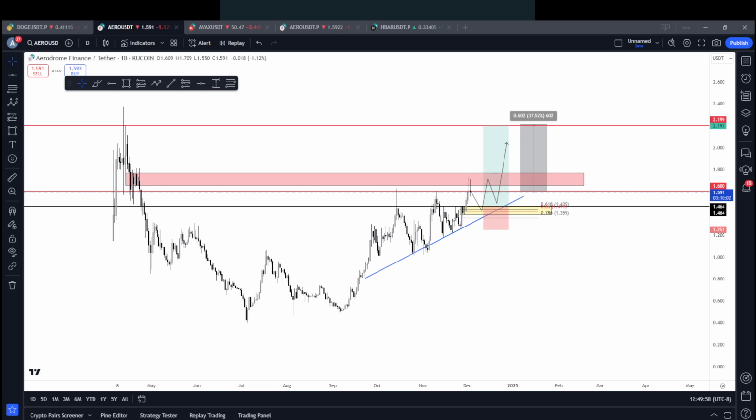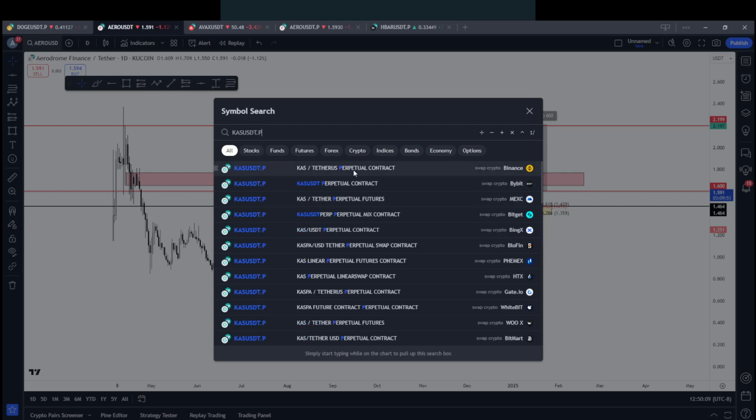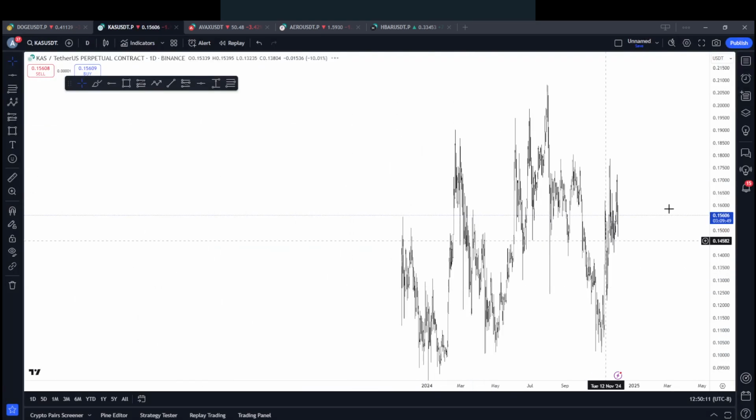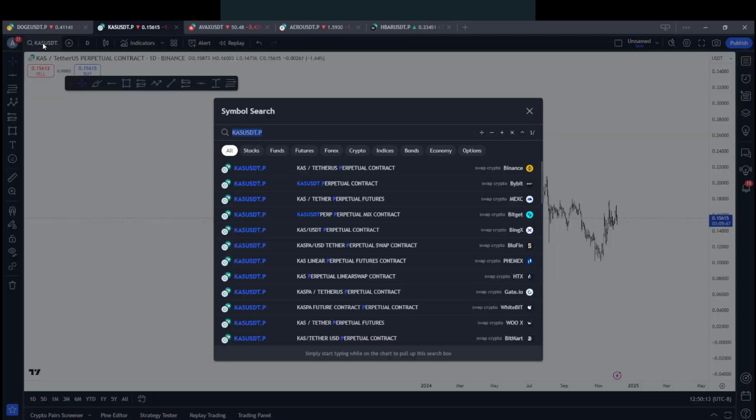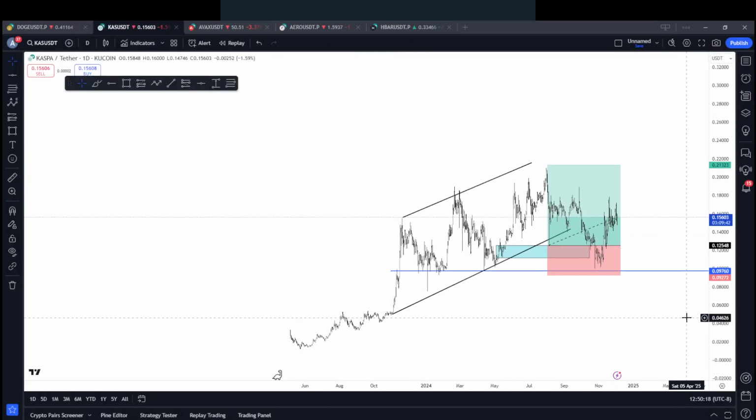Going down, one sec. Can you look at CAS? This is the oldest chart. Wow.